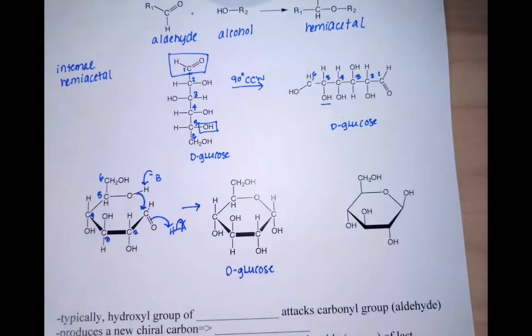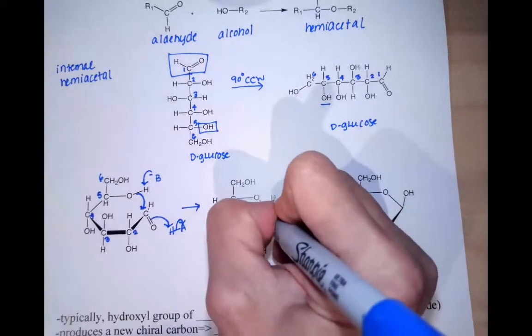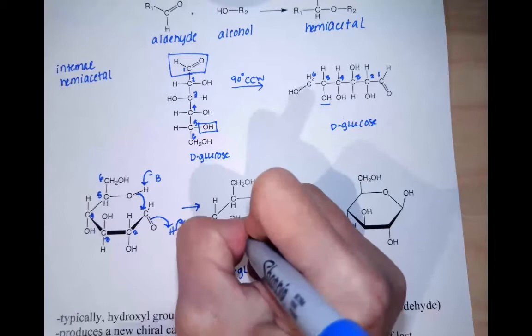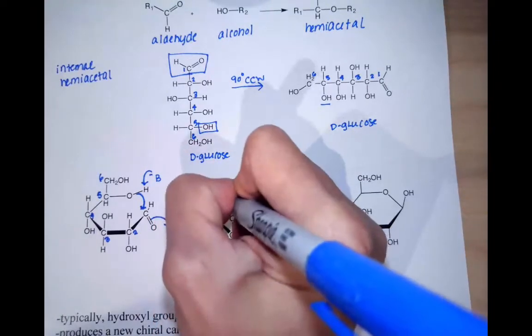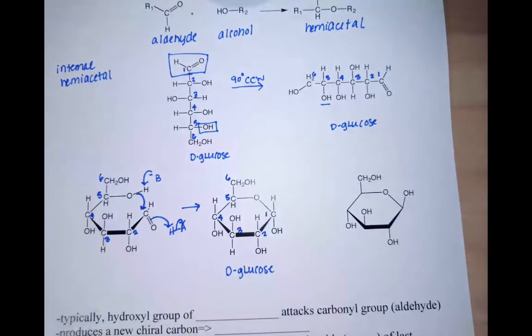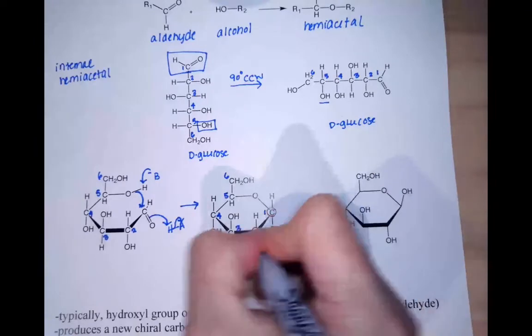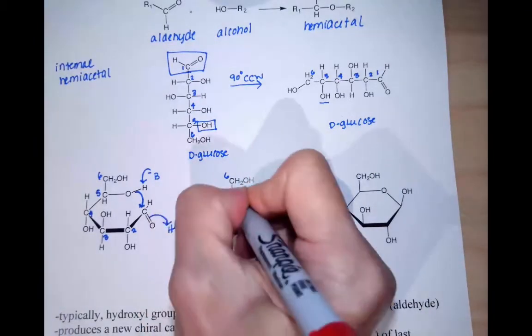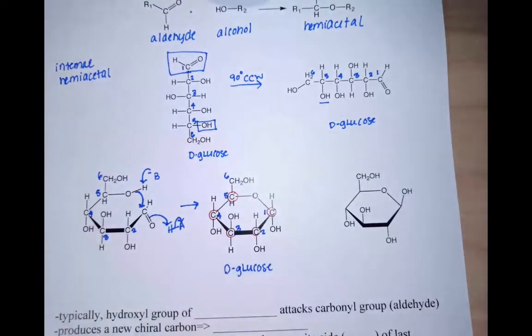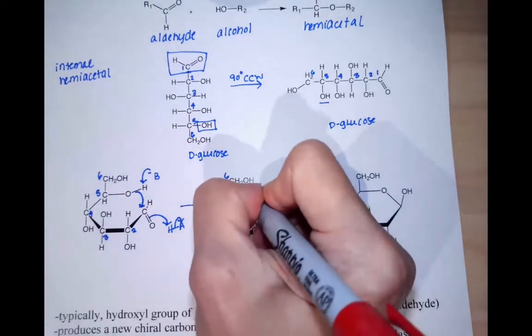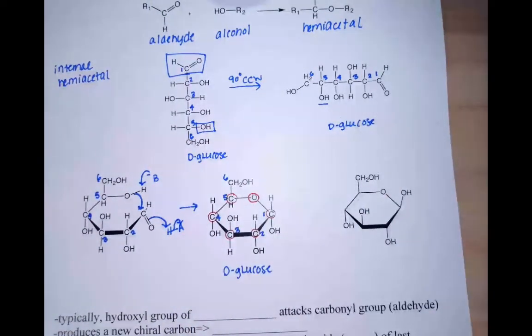And as you can see, we've generated a 6-membered ring. So let's renumber the carbons and see where everything's going. So here's carbon number 1, 2, 3, 4, 5, 6. In our 6-membered ring, we have carbon number 1, 2, 3, 4, 5, and then oxygen is now part of the ring.